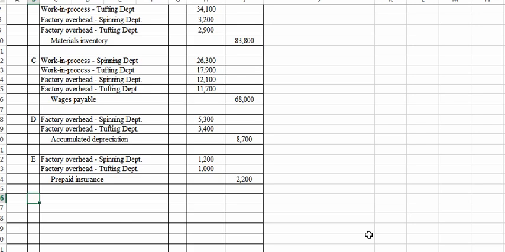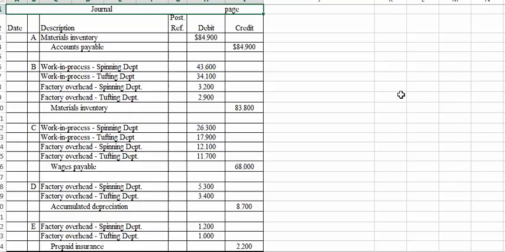F. Now here's our applied factory overhead entry. You guys, all of these debits to factory overhead have been for actual cost incurred. Let's go back and look at them. These debits were for indirect materials. That's an actual cost. Cleaning supplies, or sanders' masks, or maybe masks worn by the people running the spinning machine so they don't get lint in their face, right?